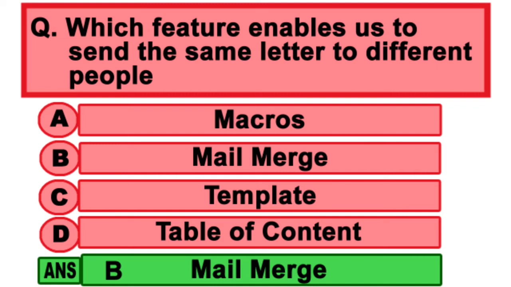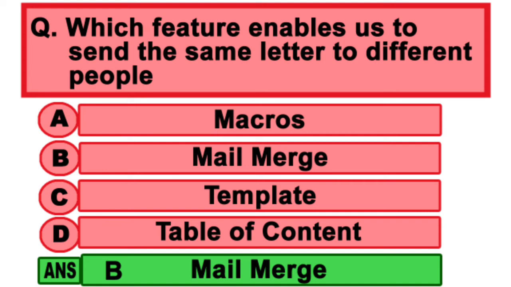Macros. A macro is an action or a set of actions that you can run as many times as you want. You can automate frequently used tasks by creating and running macros. Mail merge. It is a powerful tool for writing a personalized letter or email to many people at the same time. Template.